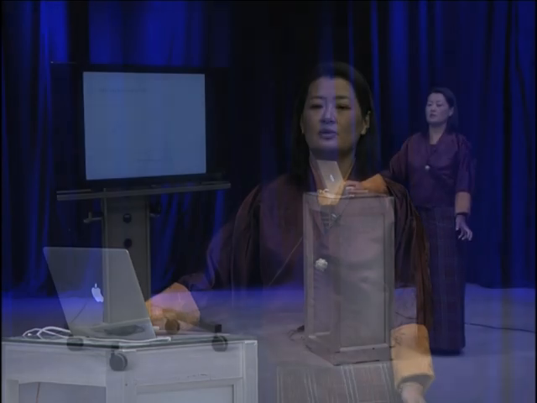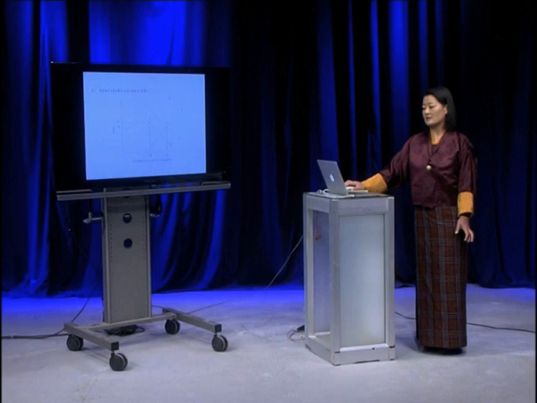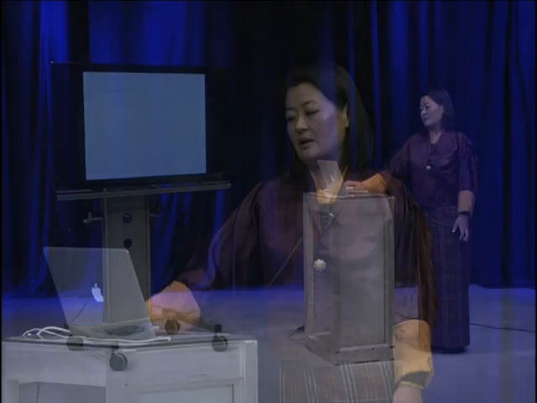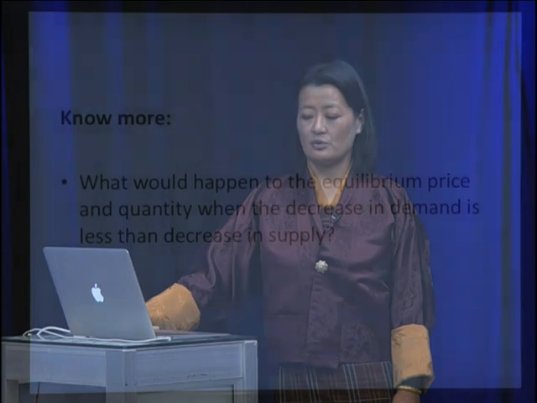When I say simultaneous changes, we looked into only one situation where there is a simultaneous increase in both demand and supply. As I said earlier, this same analysis can be used to illustrate the simultaneous decrease in both demand and supply. Now, here I have two questions for you all to explore on your own.